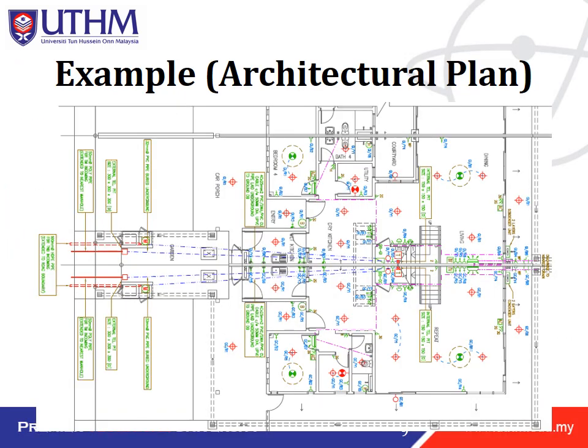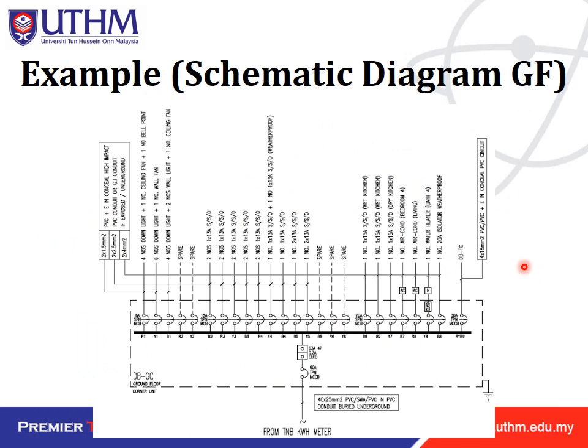Okay, this is the architectural plan. Example of the architectural plan for the electrical building system. Okay, this is the example of schematic diagram from ground floor.